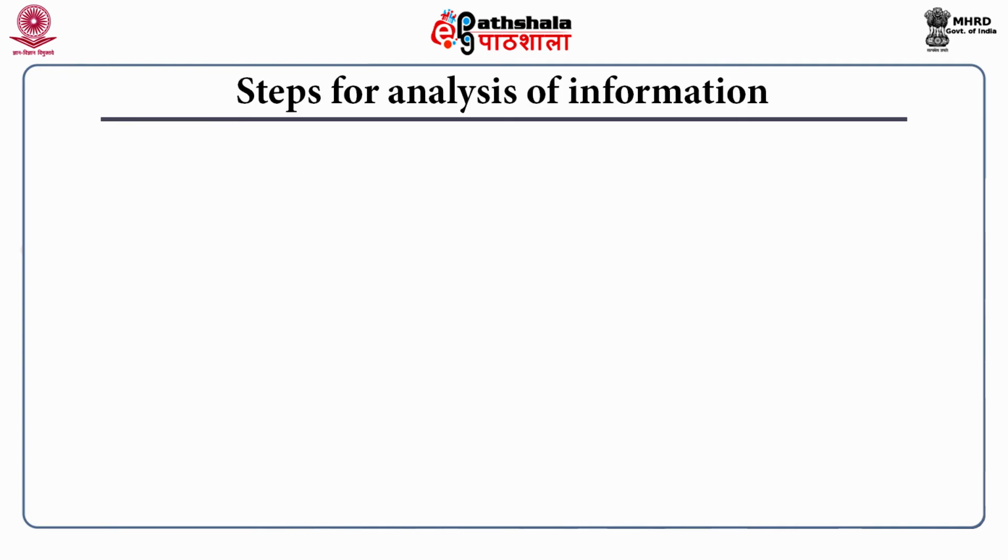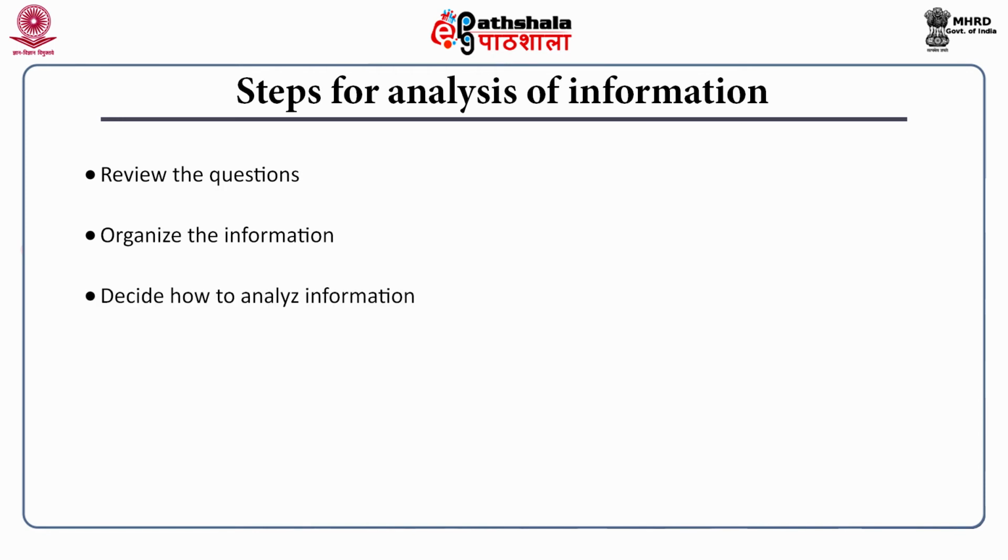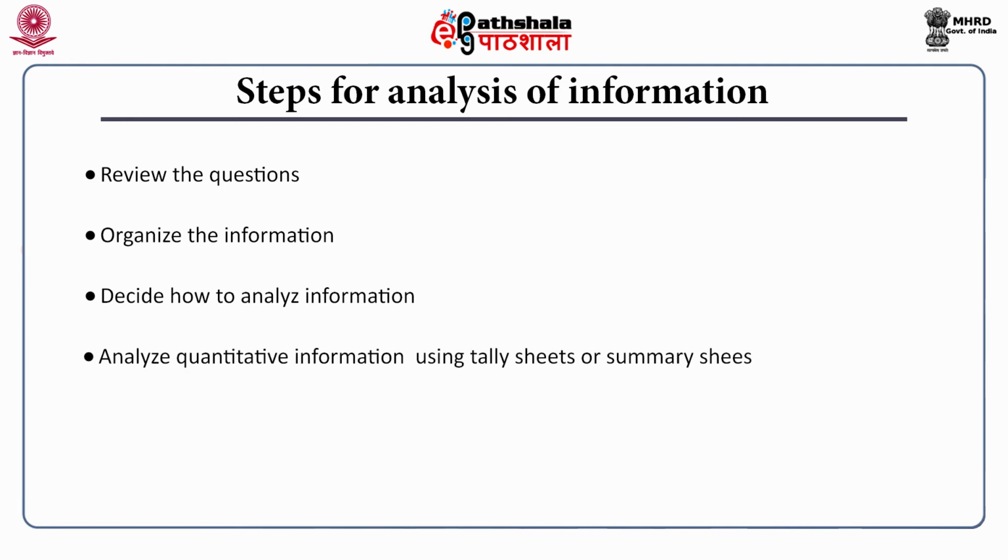Steps for analysis of information: review the questions, organize the information, decide how to analyze the information, then analyze quantitative information using tally sheets or summary sheets, analyze qualitative information, and then integrate both the qualitative and quantitative information.